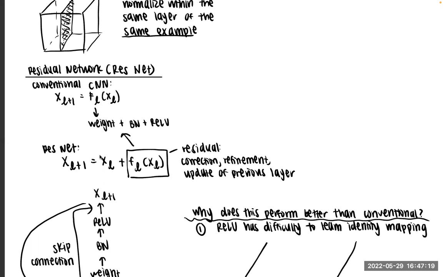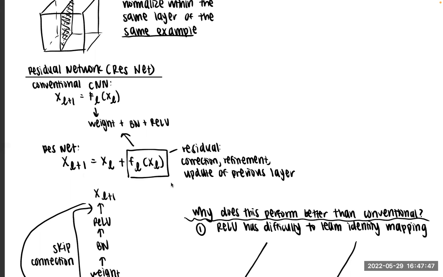What's important is that we just copy the layer below to the next layer and then add this correction. So this is called a residual. You're not just copying the layer below. You also need to add what's left. You add the residual. This can also be considered a correction or refinement.